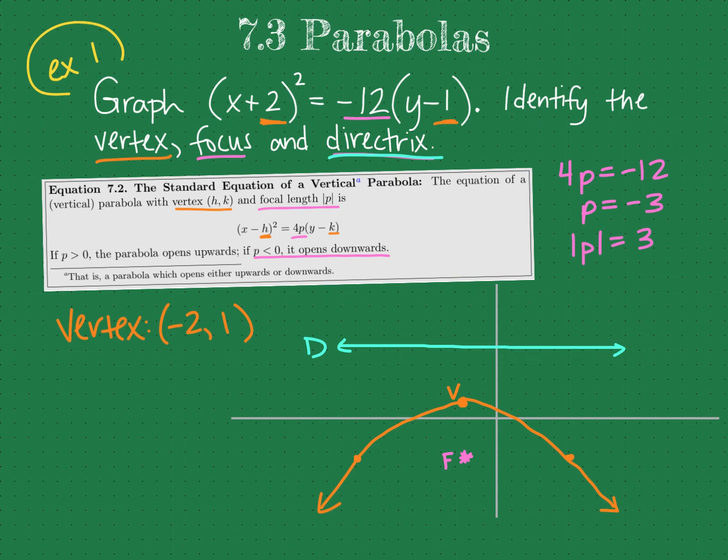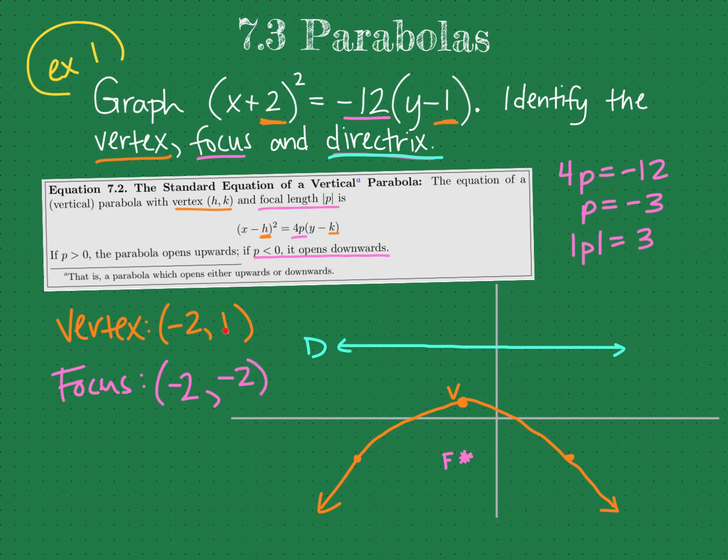Now we do need to find what the actual focus is and the equation of the directrix. We can do that. Our focus is at a coordinate point. It's directly beneath the vertex, so it's going to have the same x coordinate, but it's at -2, since it's 3 units below.